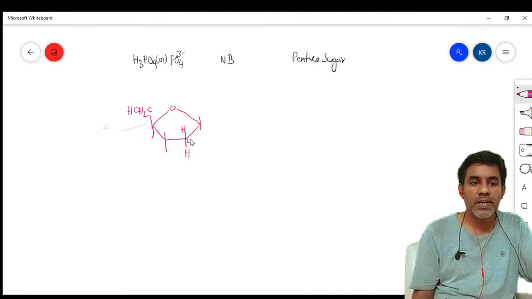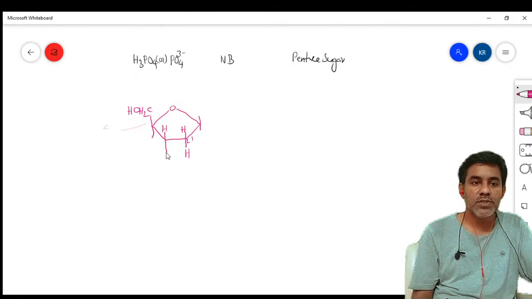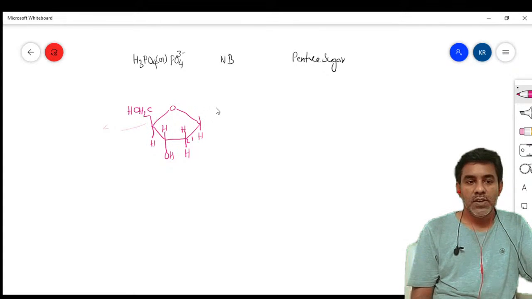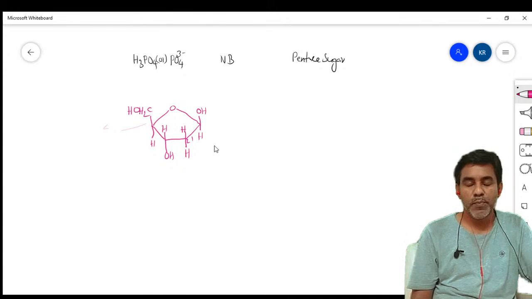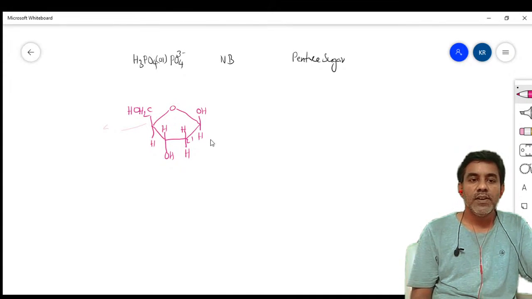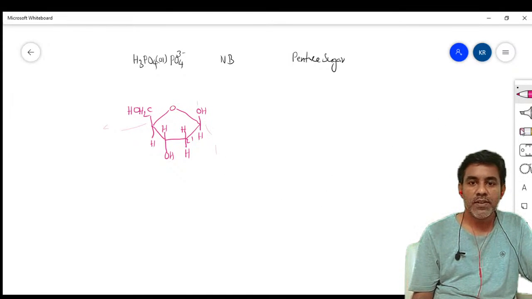Obviously at the 2' location you will find absence of oxygen. H, OH, CH2OH, H. Coming to here, H. So actually at this location you will find the hydroxy. But what happens is that the nitrogen base is going to pick up this location. So for that purpose this hydroxy is replaced with the nitrogen base.